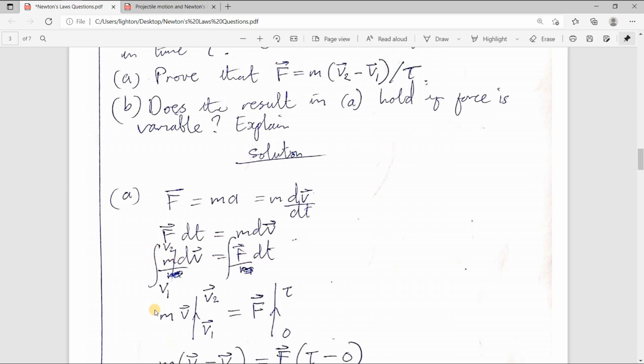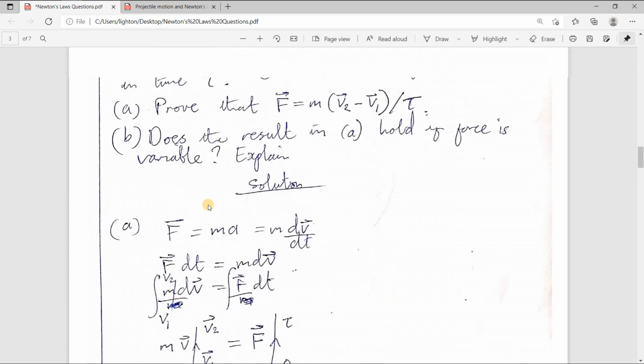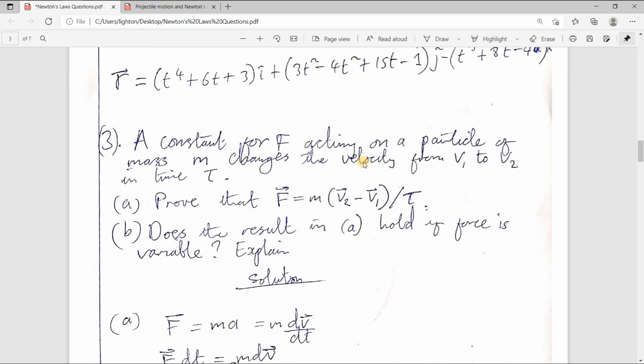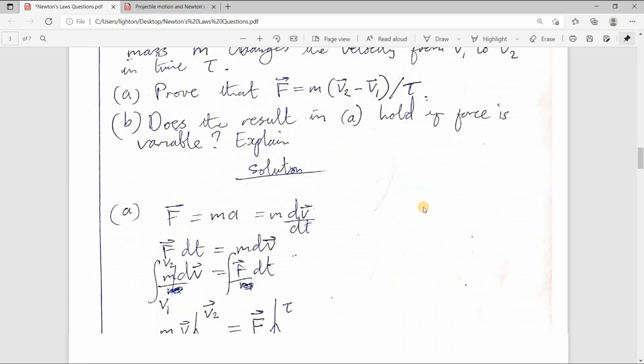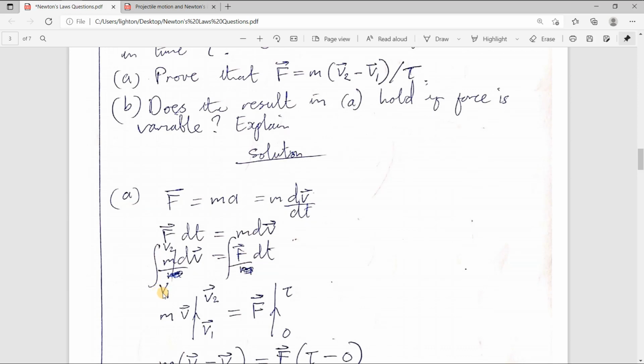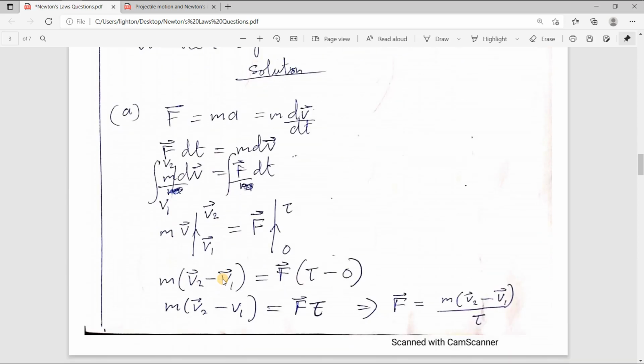Now, integrating will have limits of integration. What limits are we having? This particle is changing from v1 to v2, meaning that v1 is the initial velocity and v2 is the final velocity. So we're getting the limits from v1 to v2. For the integral of F dt, time is running from 0 to tau.